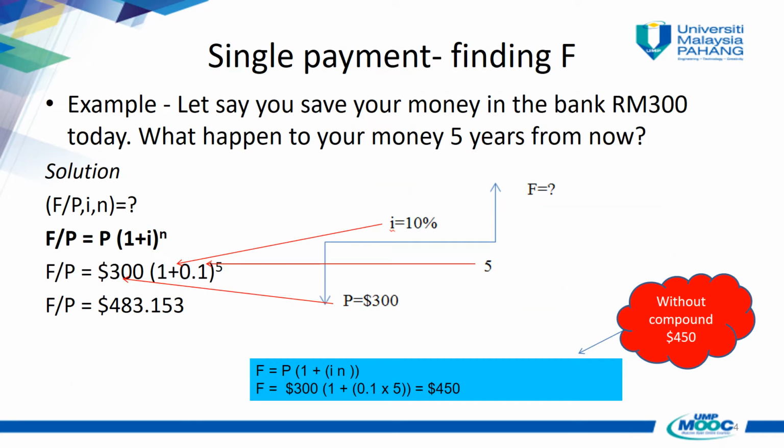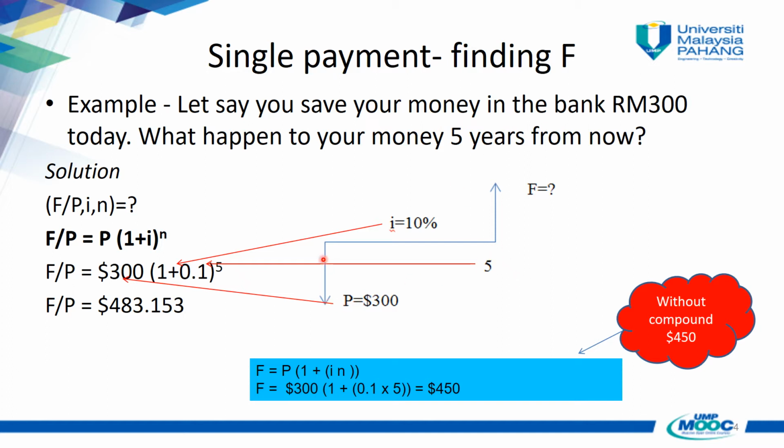For example, using the single payment, when we want to find the future value F, let's say you save your money, 300 ringgit, today. What happened to your money after 5 years?